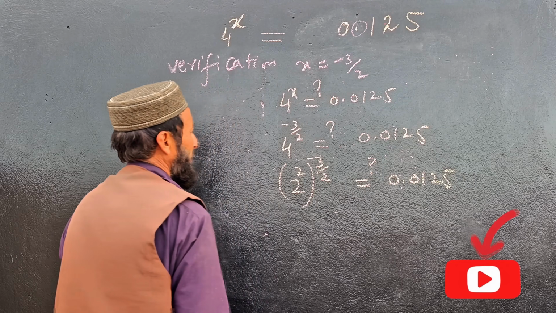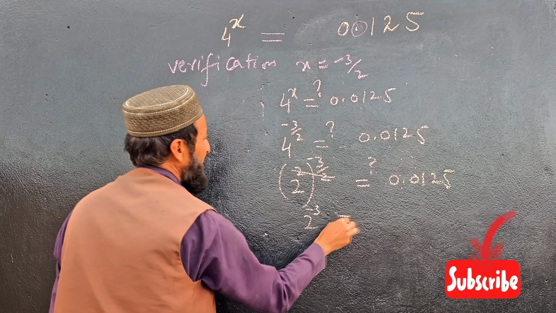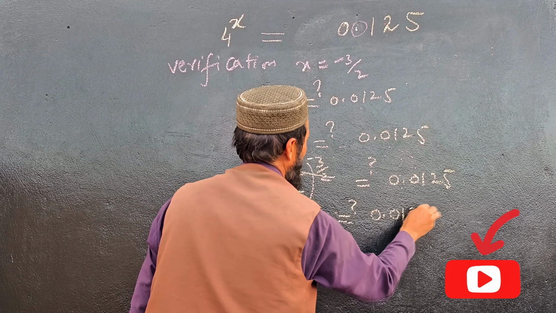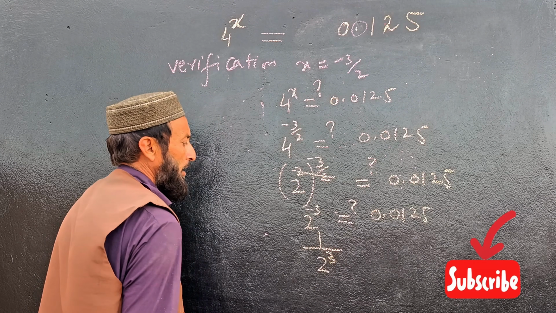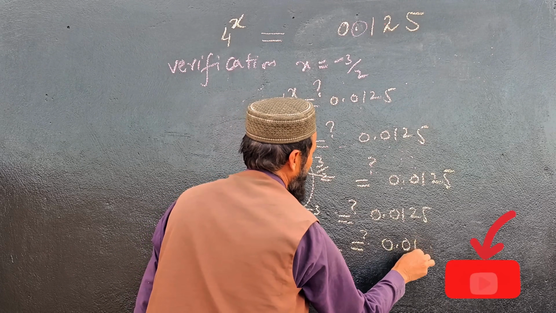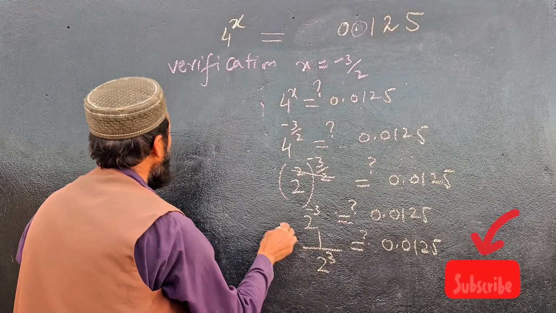Now this is cancelled to each other. 2 exponent of minus 3 is remaining, is it equal to 0.125? Now this is the reciprocal of 2 exponent of 3, and this will be equal to 1 by 8.